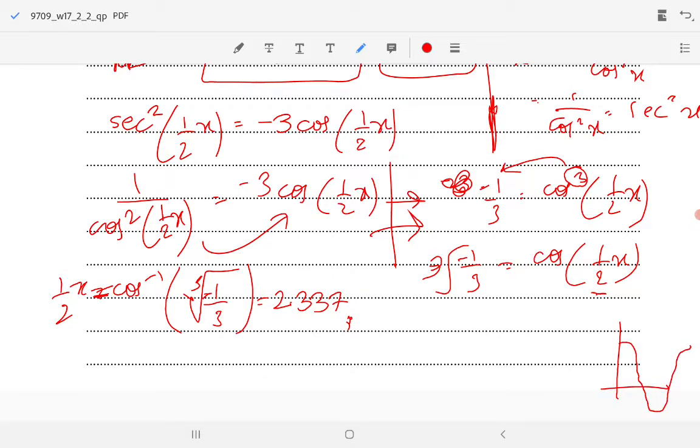So this 2.37 value comes somewhere around here, so the other value is gonna be over here, this value, this one. So this is gonna be equal to 360 minus that.